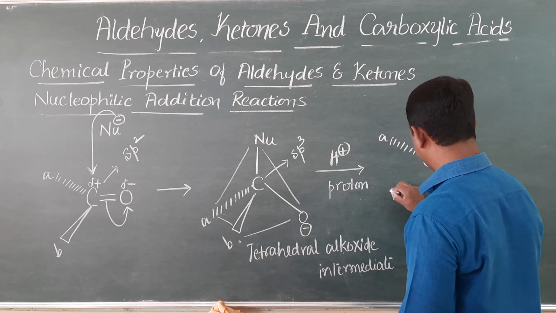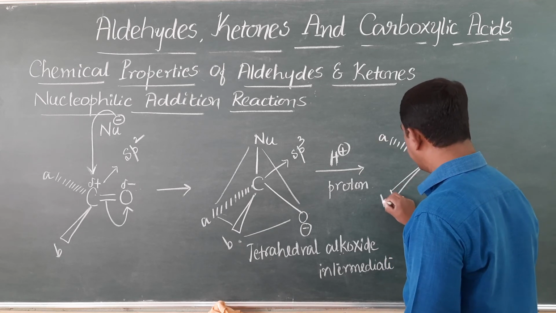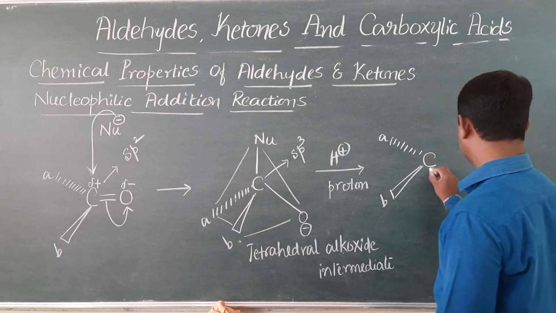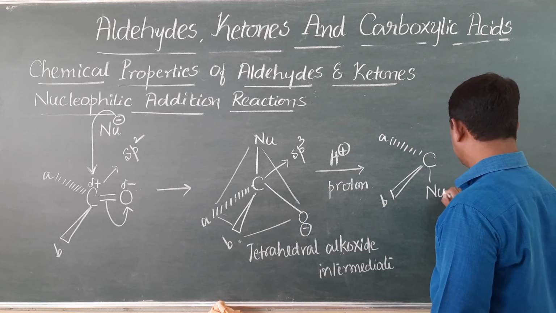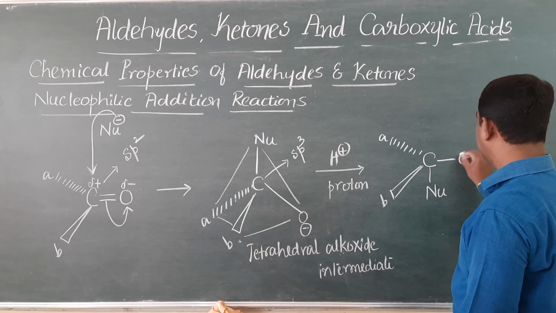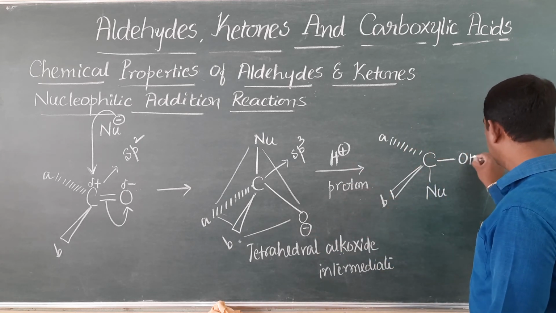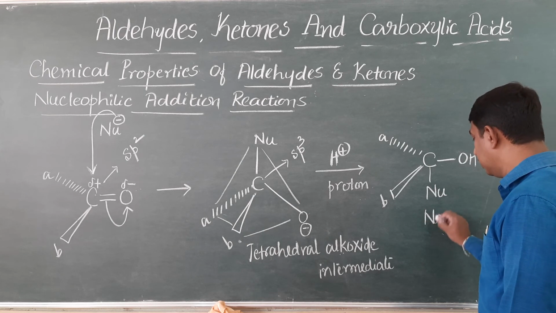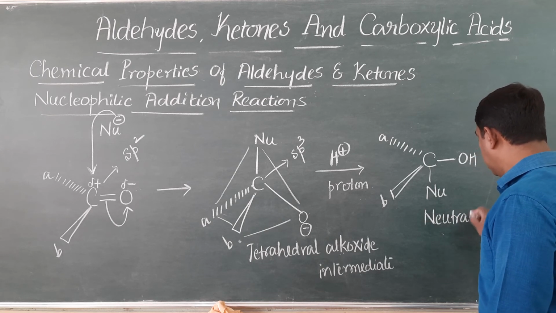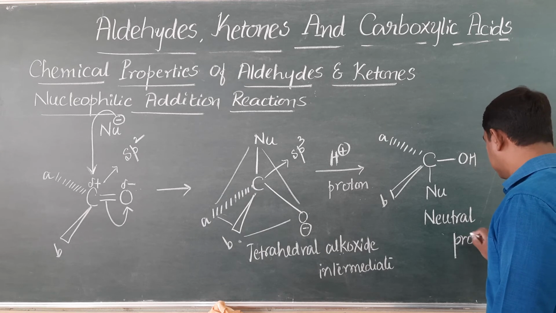This is A, this group is B, and here I write Nu with a single bond. O minus accepts H plus, forming OH. This is the electrically neutral product.